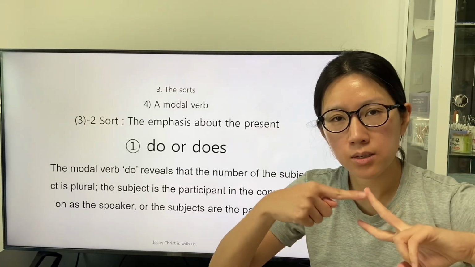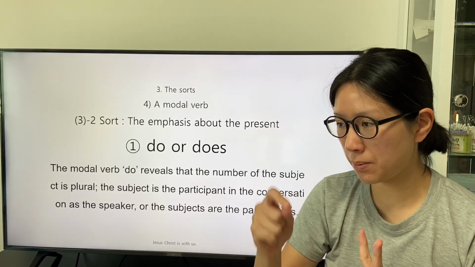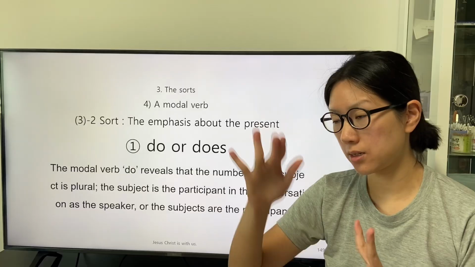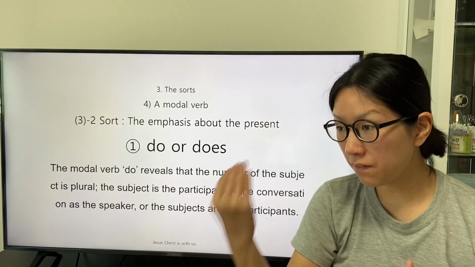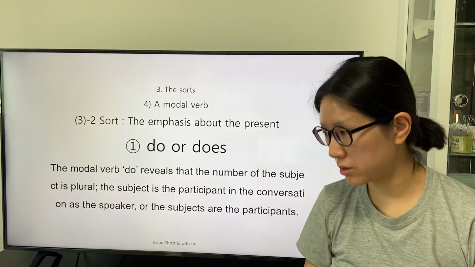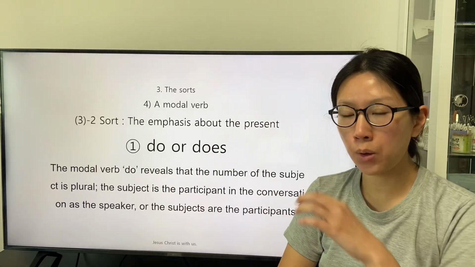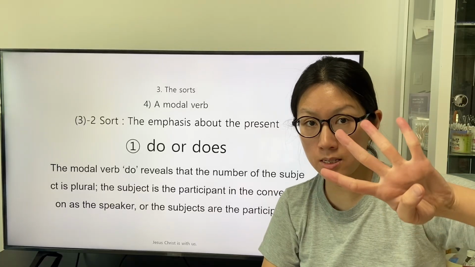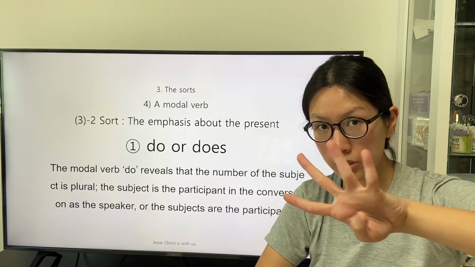The second standard to classify a subject is about whether the subject participates in the conversation with the speaker and the listeners or not. So there can be 4 possibilities according to the two standards.